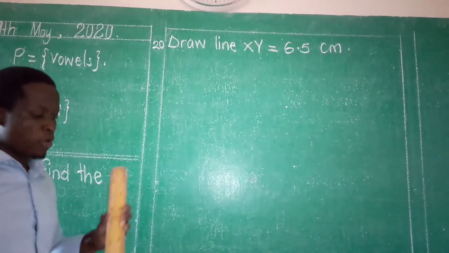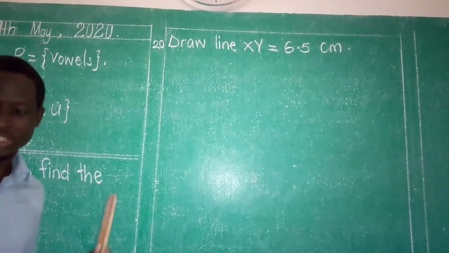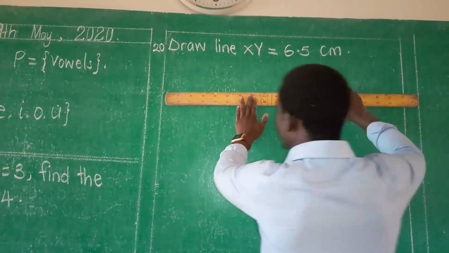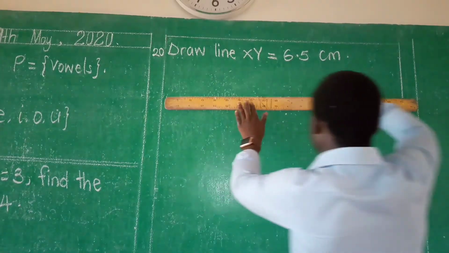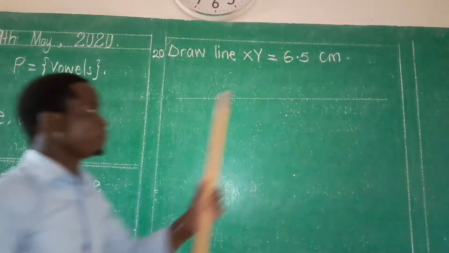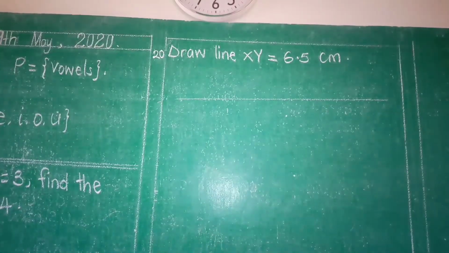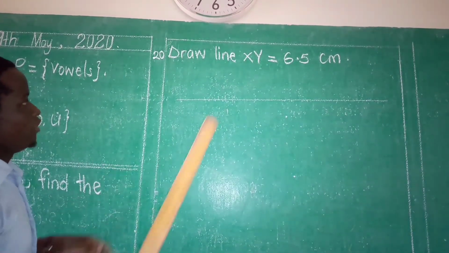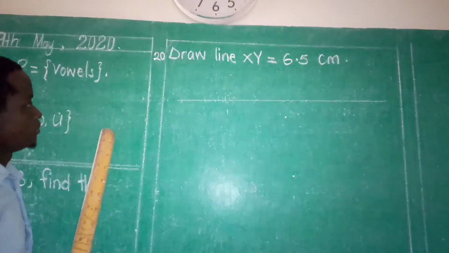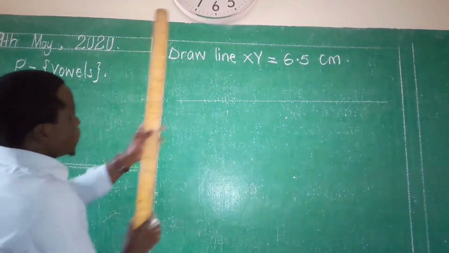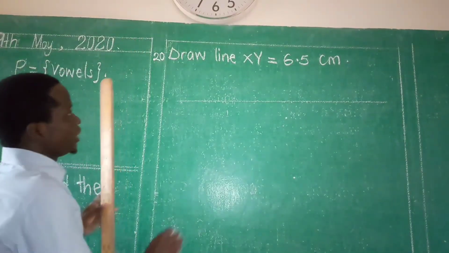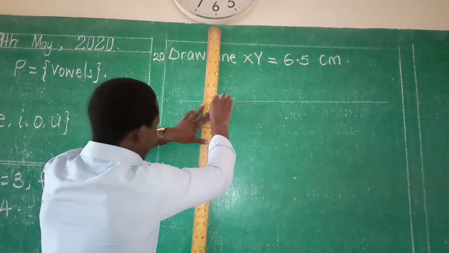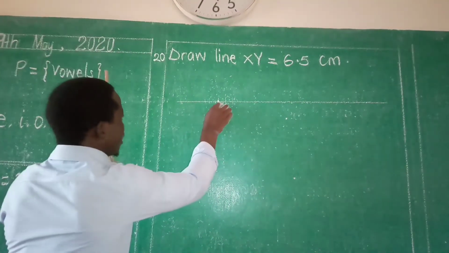No. Just get your ruler and a sharp pencil and draw a line long enough. Don't measure the 6.5 centimeters straight away, no. After drawing your long line like that, establish point X. Put a point where you want point X to be. Let's say I want my point X to be here.